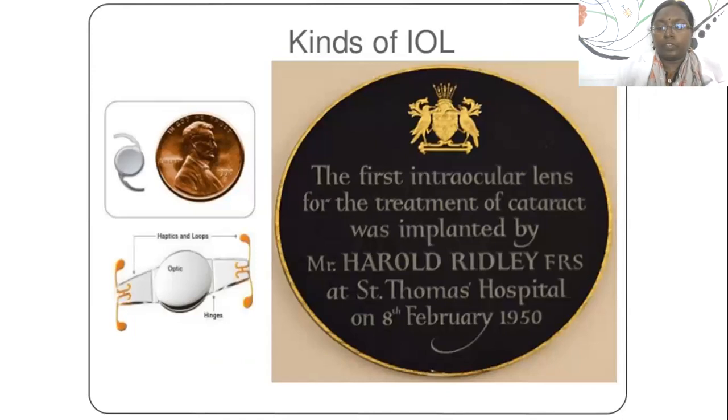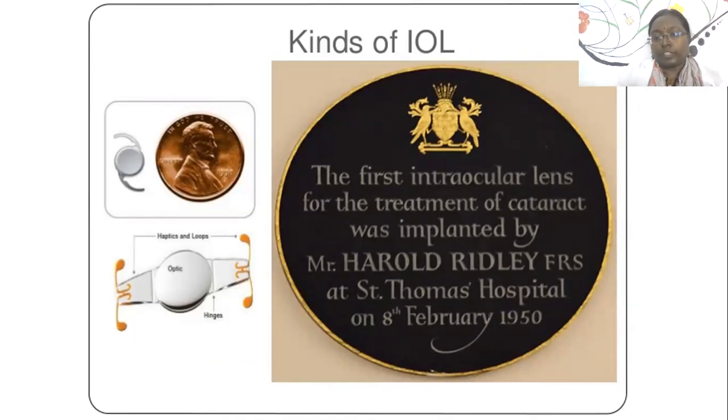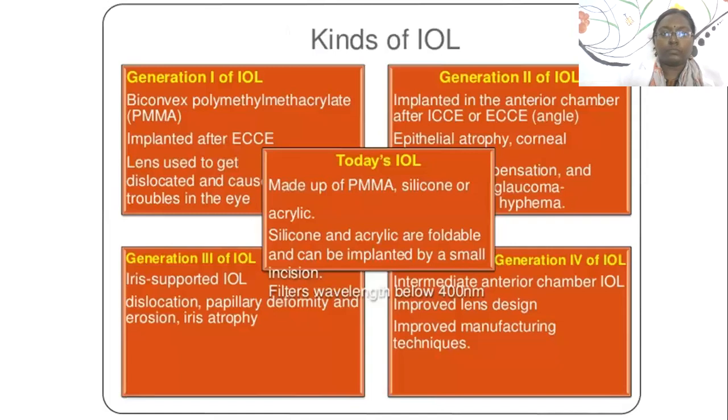So what are the kinds of intraocular lens that are fixed? The first intraocular lens was implanted by Dr. Harold Ridley around 1950 at St. Thomas Hospital. The first generation of IOL includes PMMA, that is biconvex polymethyl methacrylate, and it was implanted after ECCE.